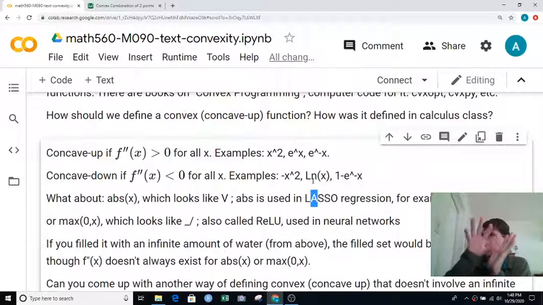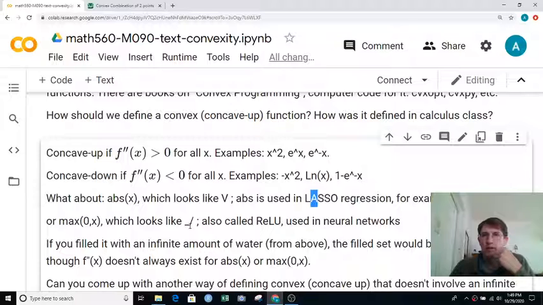Some people would say, well, the water would all run off this way, or e to the negative x. But again, we're using an infinite amount of water, so it's just the region above that function. And that would still work for absolute value. If you filled that with water, you would get a convex shape. And if you filled this shape with water from above, you would get a convex shape.